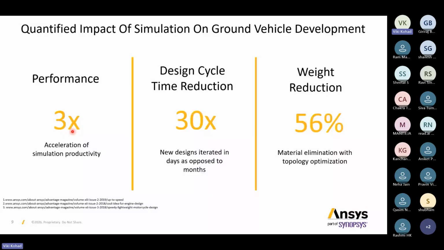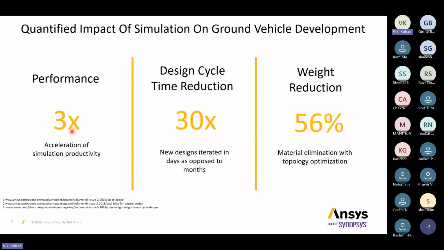Like, the overall productivity is going to be increased. Previously they developed only one electric vehicle, or one vehicle, per year. Now, with the simulation software, they save their time, and with that saved time they develop 3 more new vehicles.